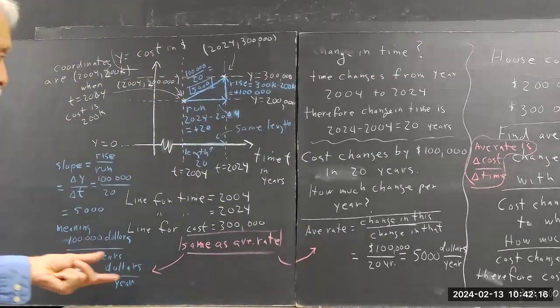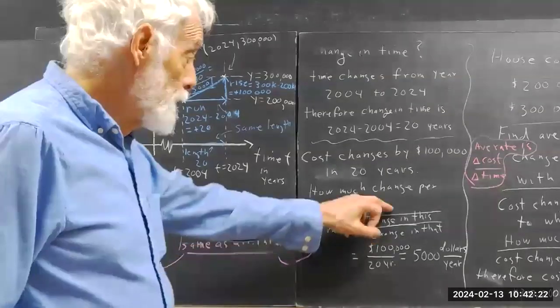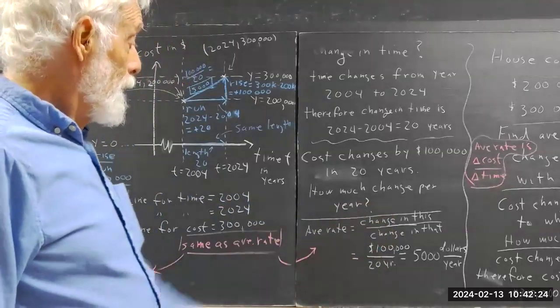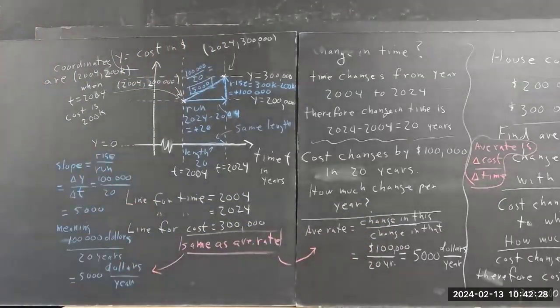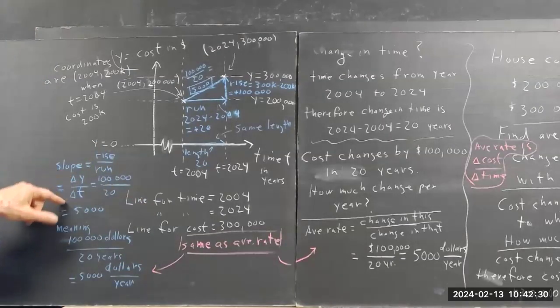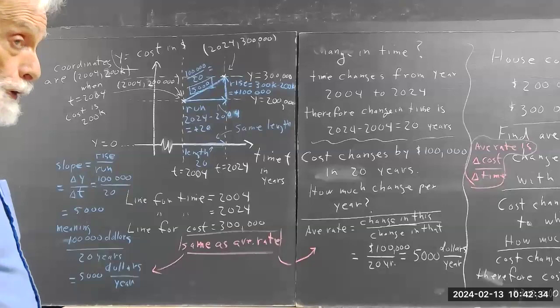Same calculation, same everything. Why? Because the average rate is the change in this divided by the change in that. This is your $100,000, that's 20 years. And that's your delta Y over delta T when you put it on a graph.